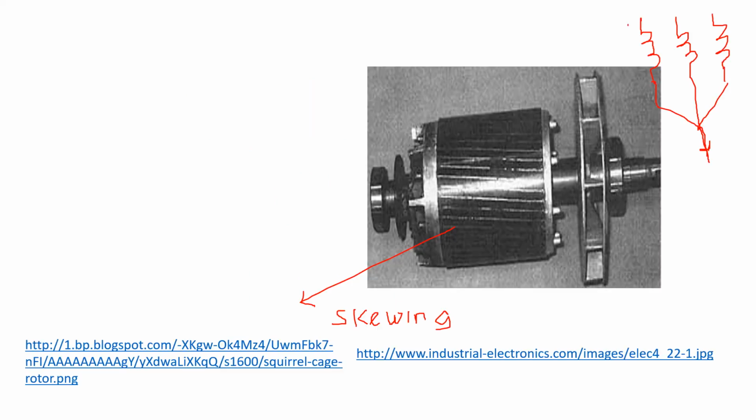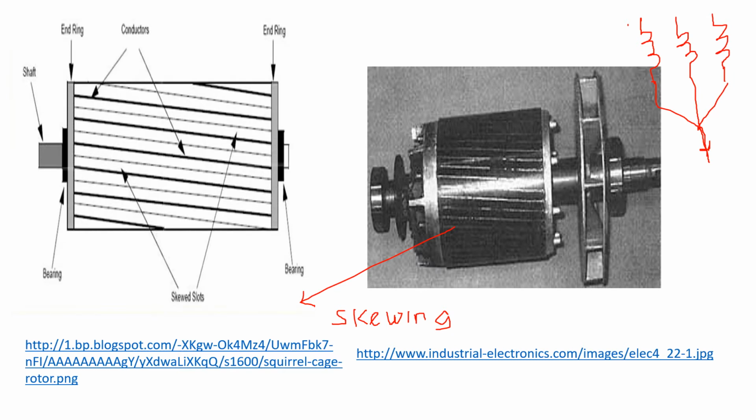Okay, now the squirrel cage rotor, how it is arranged. Squirrel means in Arabic it is called sinjab, and cage is the place where the sinjab is living. So this squirrel cage induction rotor looks like a sinjab arrangement, and the upper surface of the rotor is slotted with skewed slots.